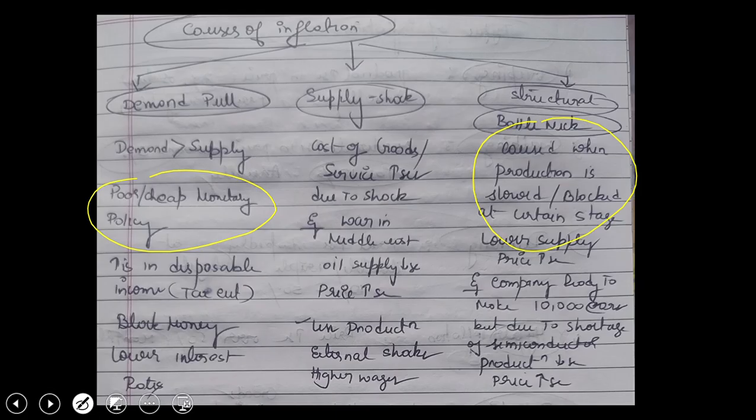For example, if a company is ready to make 10,000 cars, but due to a shortage of semiconductors, which is one component among the many needed to manufacture a car, the whole production decreases. Therefore, the company will produce fewer cars, so prices increase because supply is less, production is less, and distributing the product also decreases. Therefore, price increases.